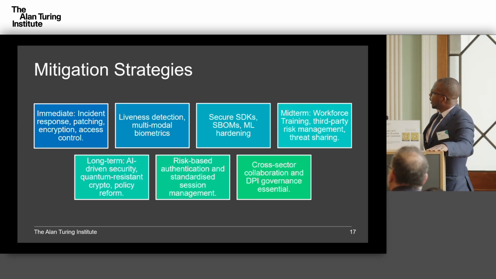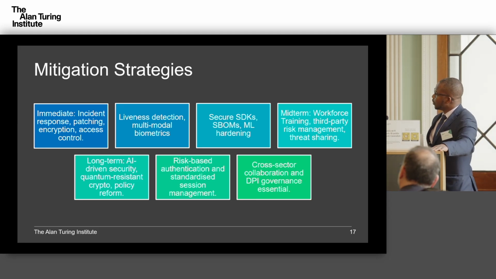So regarding the immediate or the short term, we proposed the incident response, where technical and non-technical things need to be done to ensure that when there is a case of that sort, it is addressed quickly in order to prevent it from escalation. Then there was also the need for patching, encryption, access control.